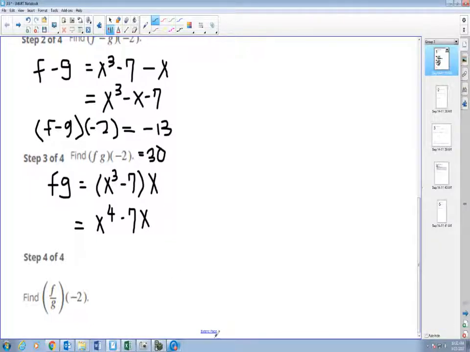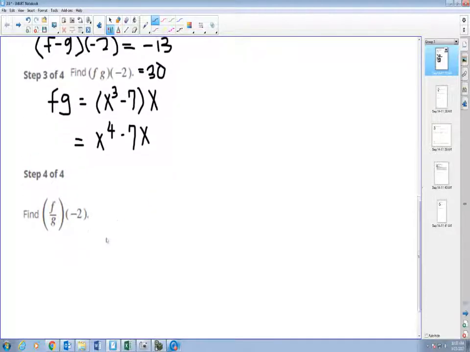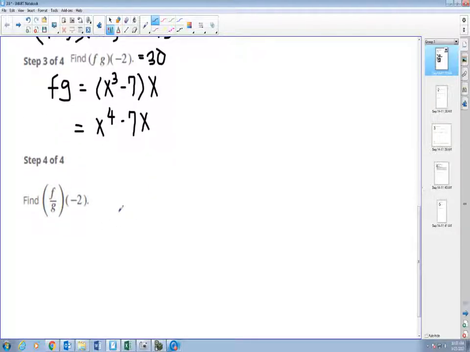Now, dividing two functions. I can add, subtract, multiply, and divide any given two functions. Dividing is a little bit difficult sometimes because many of us don't really know what we're looking for when we write out the division of two functions. If you write it out, we're going to have x to the third minus 7, the whole thing over x.